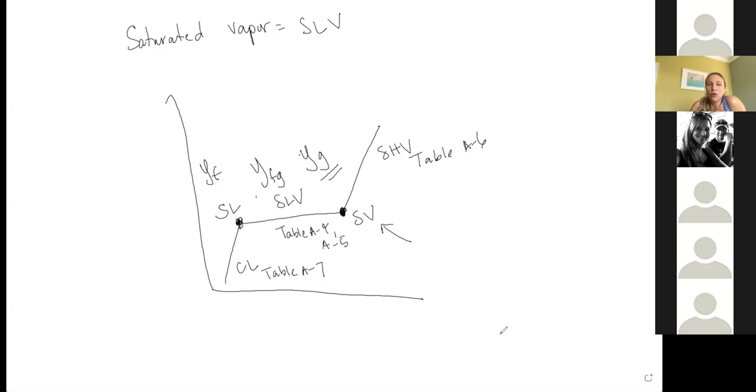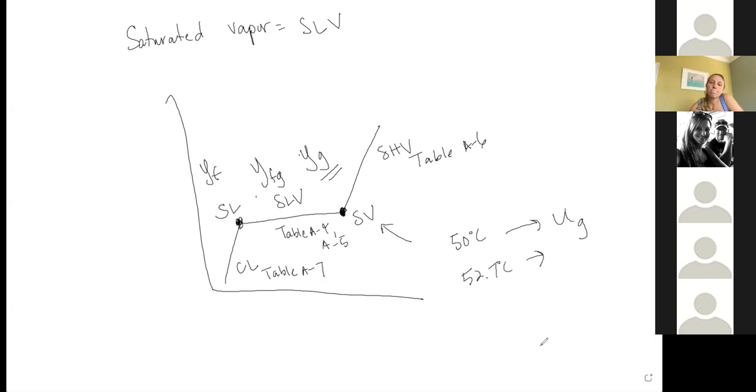But if you're told that you have a saturated vapor and the temperature is 50 degrees Celsius, what's the internal energy? You can just go to your 50 degrees Celsius line, read across, look at your internal energy for your saturated vapor, and then copy that value down. But if you're given something like 52.7 degrees Celsius, you're going to need to do an interpolation between 50 and 55 degrees.